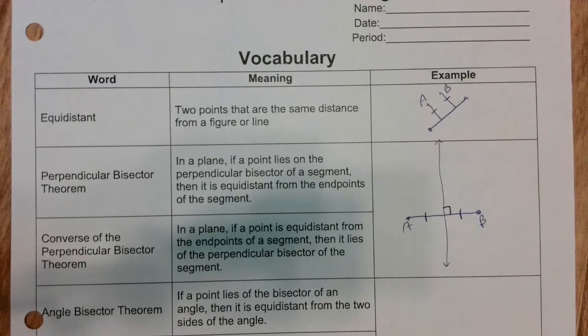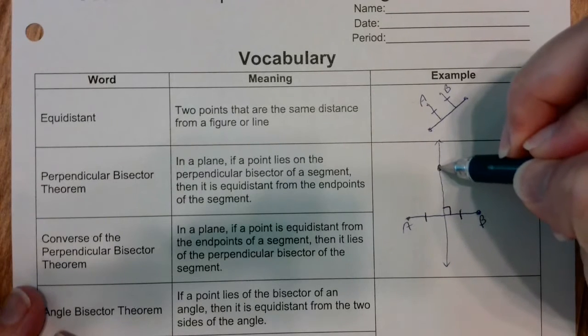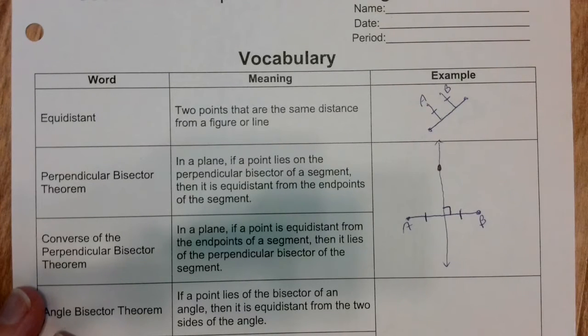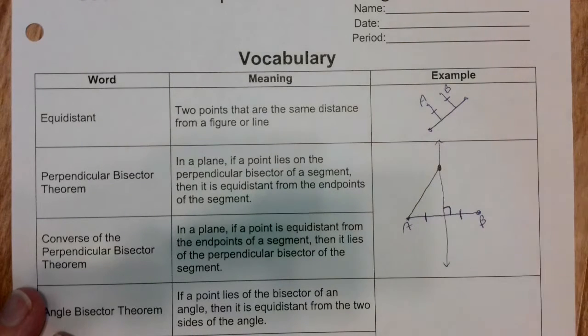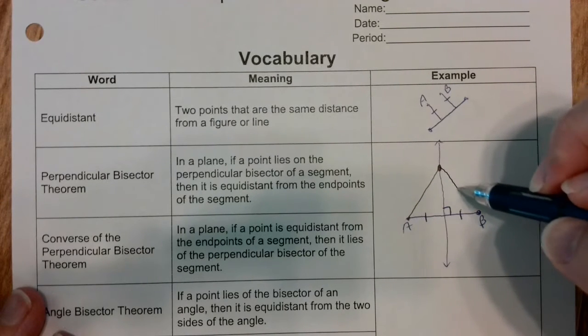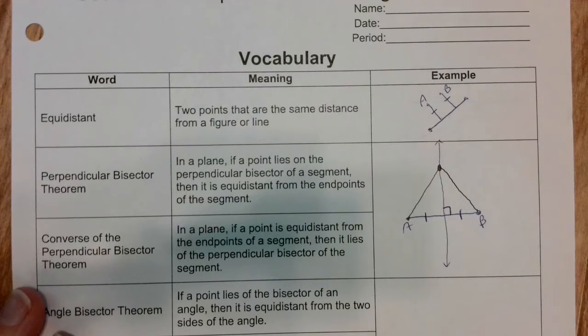Then, every point on the perpendicular bisector, maybe this point right here, is equidistant to the endpoints A and B. So this distance and this distance are equal. Those 2 pieces are congruent.